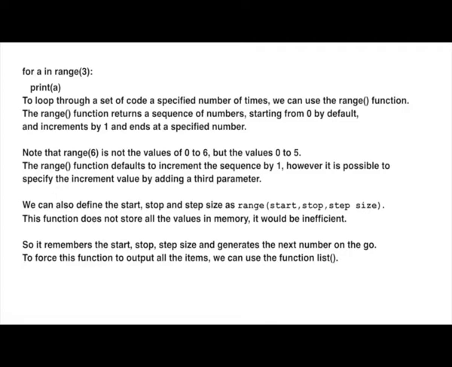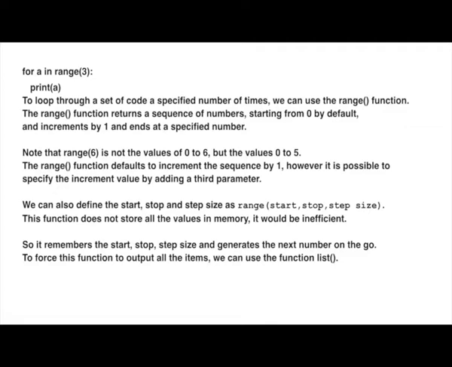To loop through a set of code a specified number of times, we can use the range function. The range function returns a sequence of numbers starting from 0 by default, incrementing by 1, and ending at a specified number. Note that range(6) is not the values from 0 to 6, but the values from 0 to 5.